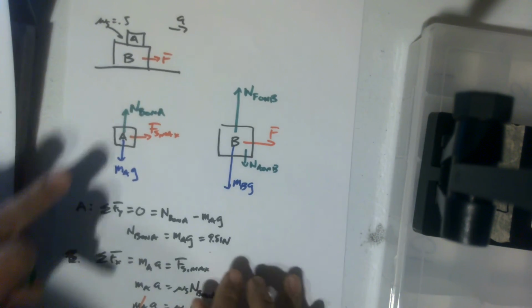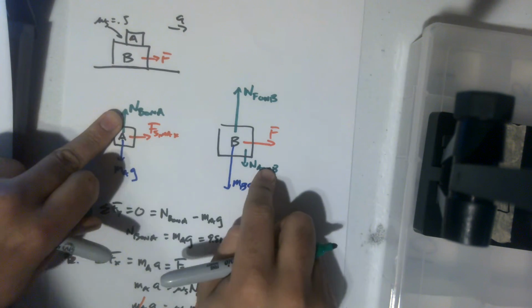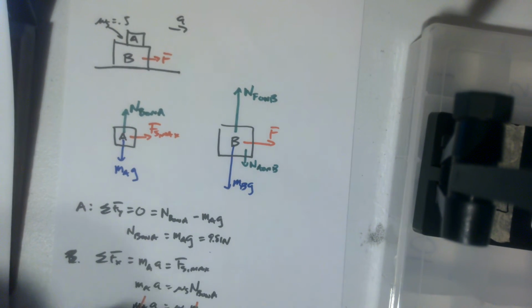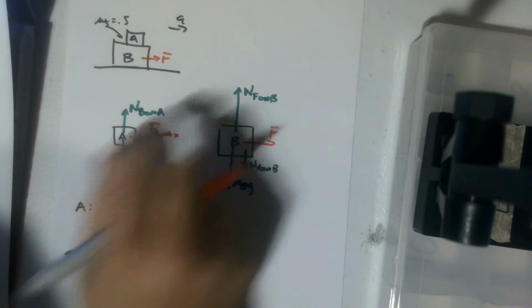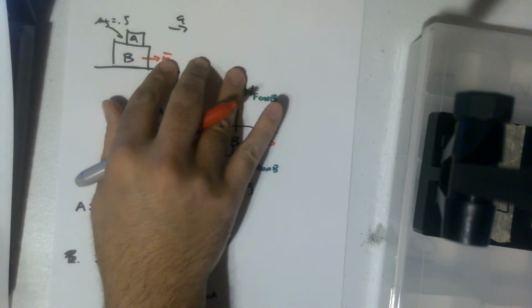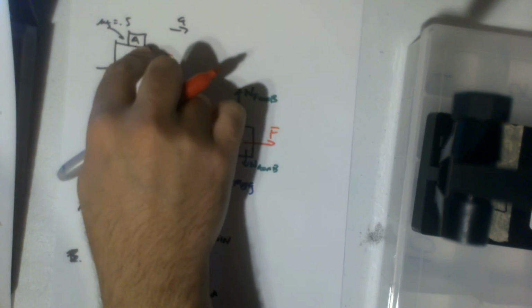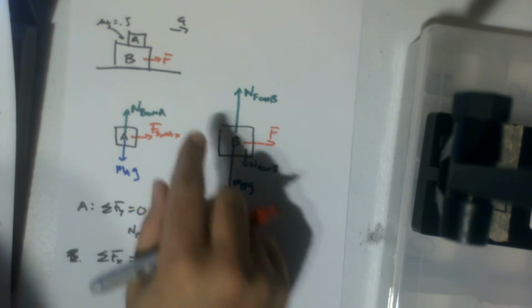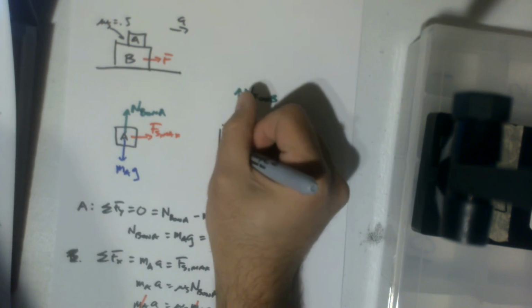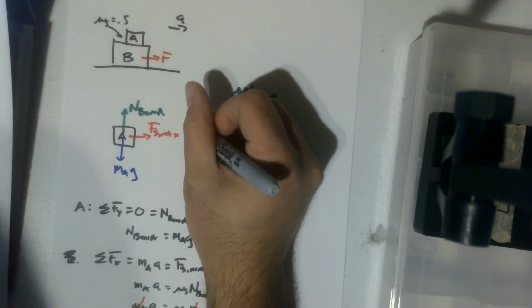And if that's 9.81 newtons, that's 9.81 newtons. Not only that, but that actually causes friction between A and B, and it causes friction to act on B. So friction doesn't just have to come from below, it can come from above too. A is pushing down on B, and it's going to work against this force here. There's going to be a force of friction there as well.